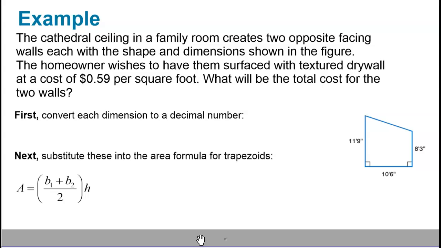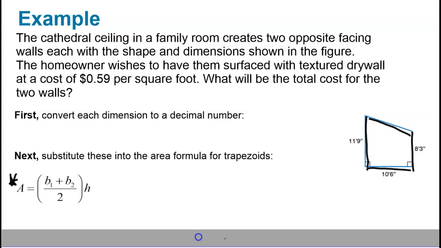Okay, so looking at this, let's go ahead and see the shape that we are looking at. So we see that we have a trapezoid here because we have 2 parallel lines, and then we have 2 lines that are not parallel. So we know that we're going to have to use this formula that's down here to be able to solve this problem. And we also see that we're going to need to convert these dimensions into something that we can work with a little bit easier than feet and inches.